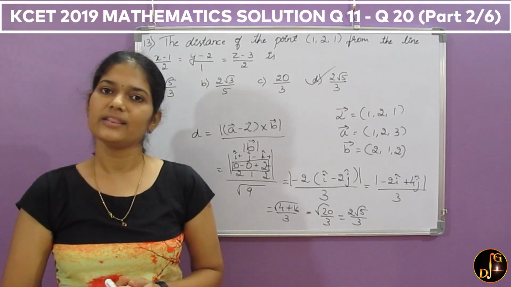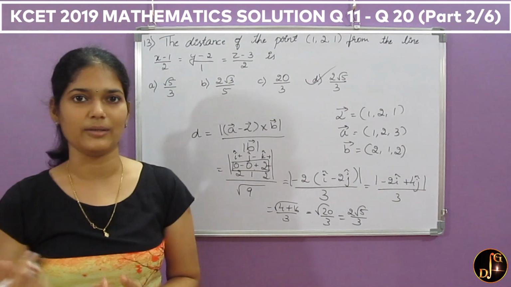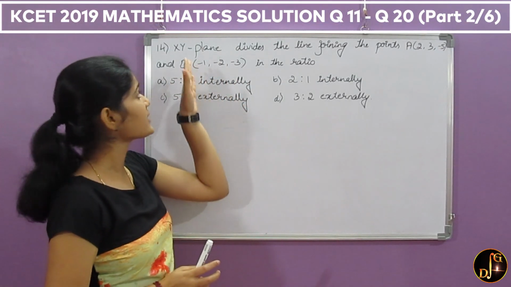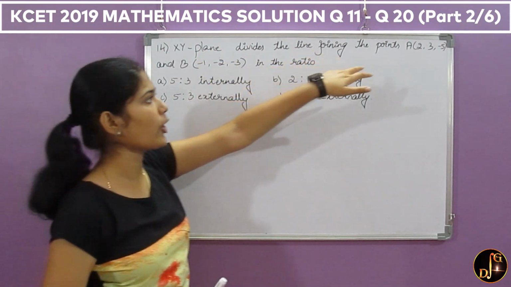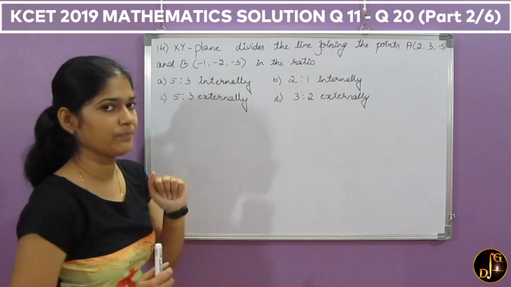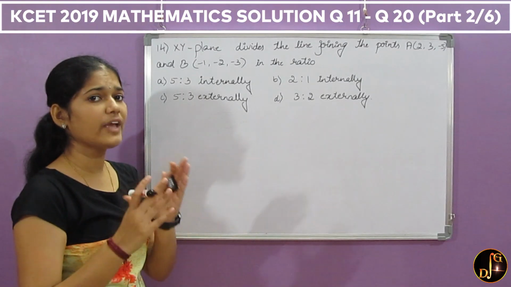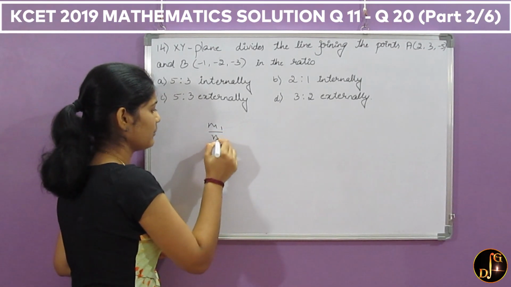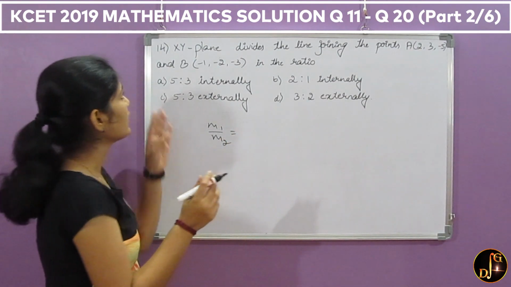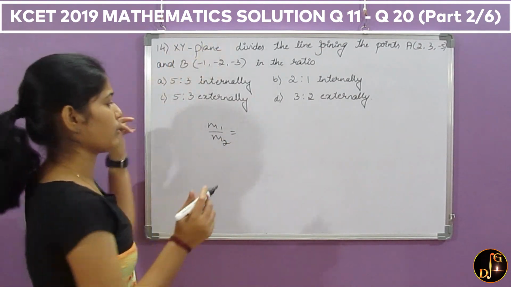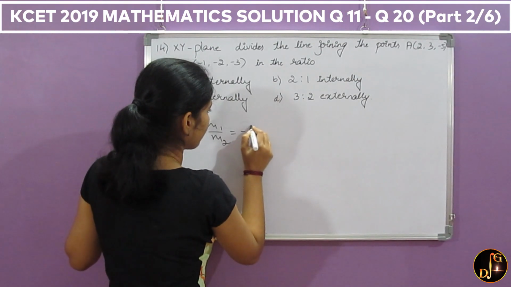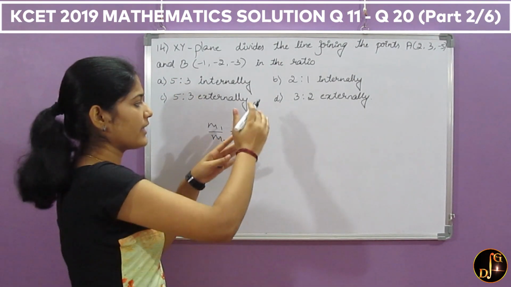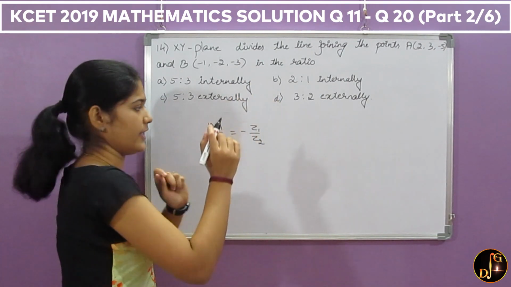Right? Now let's move on to the next problem. In this problem, we have to find the ratio in which xy plane divides the point A and B. To find the ratio, we have the direct formula, that is m1 by m2 is equal to, as the xy plane divides these points, simply minus z1 by z2. We just have to find the ratio of the z coordinates.